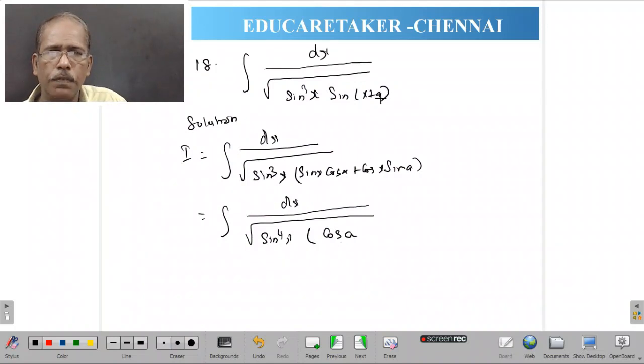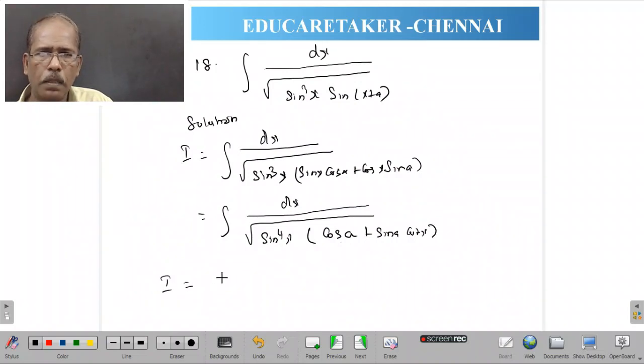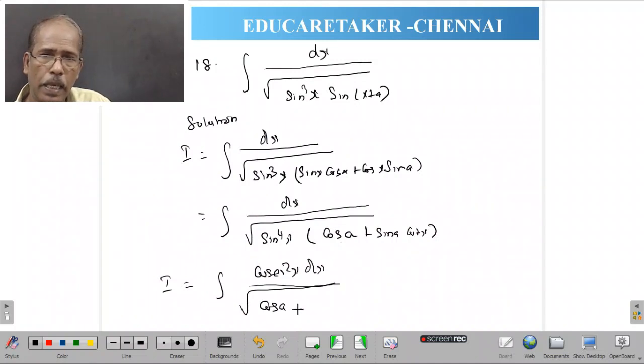In the book it is alpha, not a problem. So this is nothing but root of sine power 4 x, sine square x, 1 by sine square x is cosecant square x dx, the denominator root of cos a plus sin a into cot x.